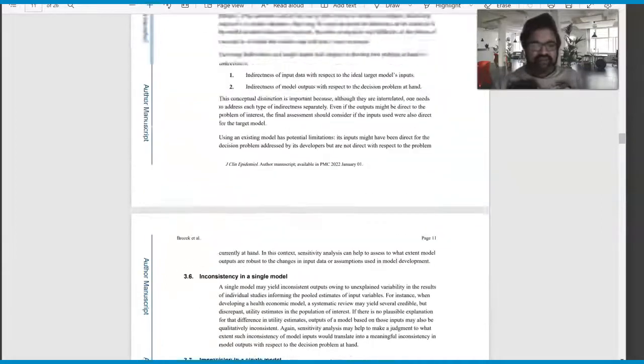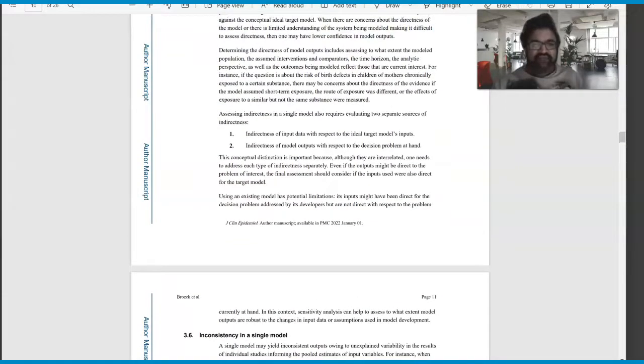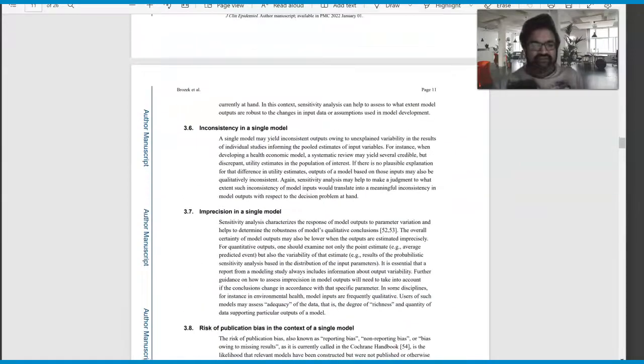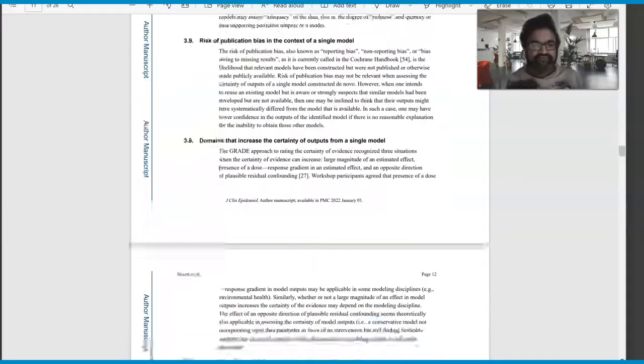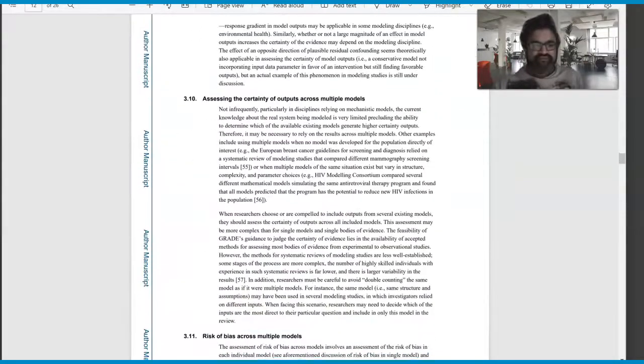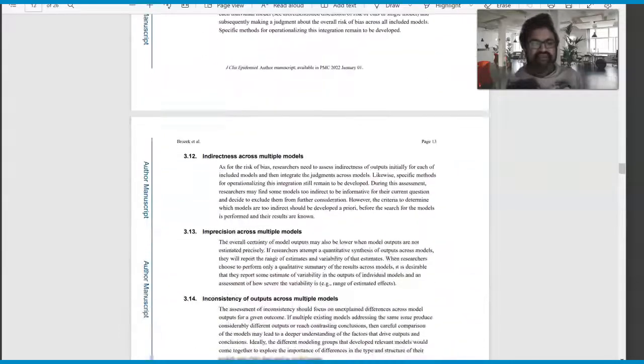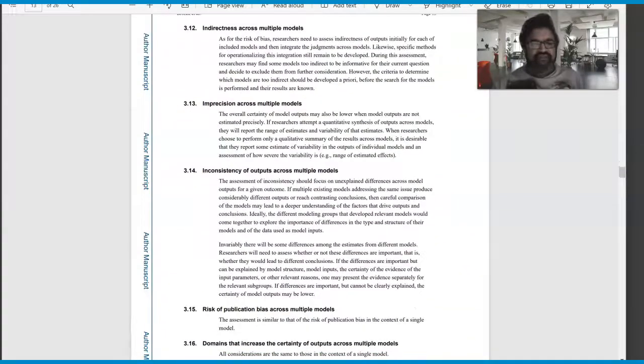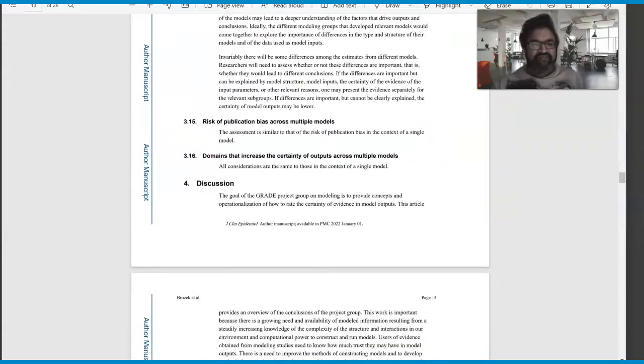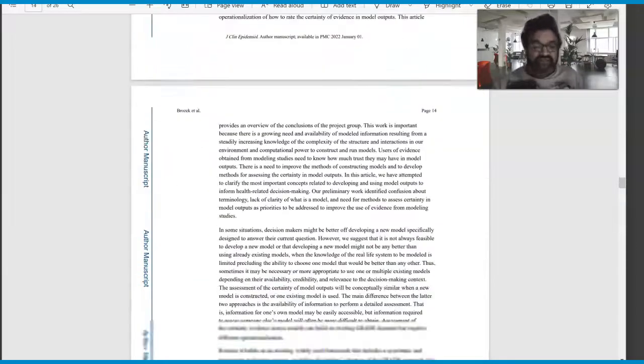This is only halfway through the paper, but looking at assessing indirectness in a single model, it requires evaluating two separate sources of indirectness. It's the inputs and then the outputs. Then there's the risk of bias across models, imprecision across models.